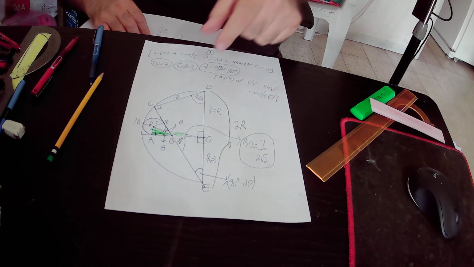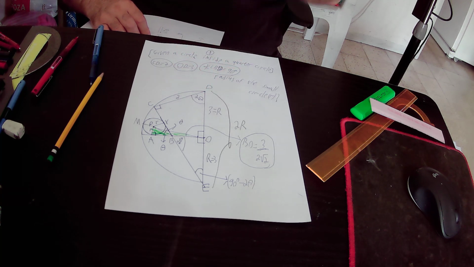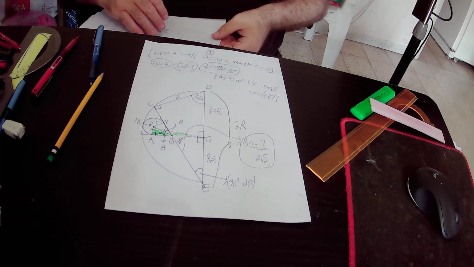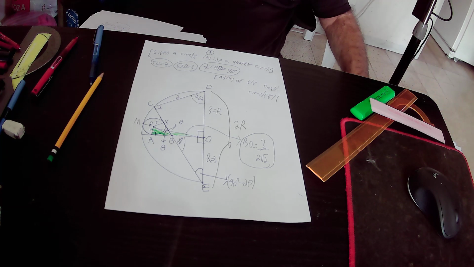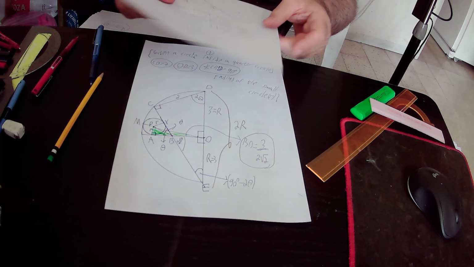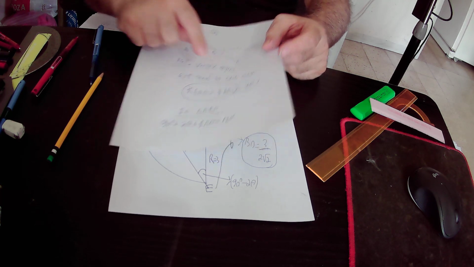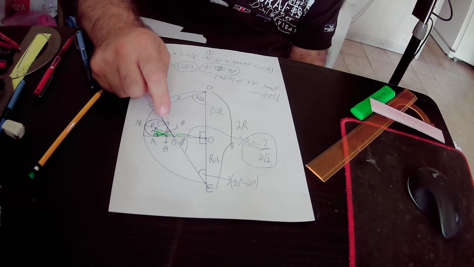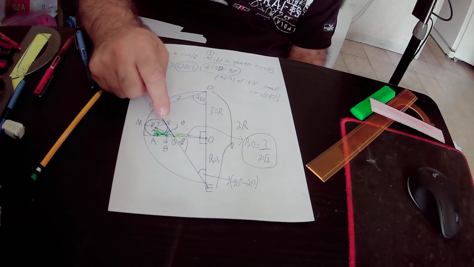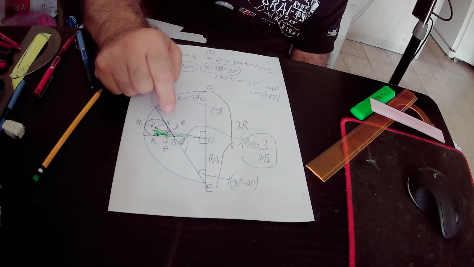So angle EBO equals angle ABC, which equals 2 theta, because angle ABC equals theta plus theta, that is to say, it equals 2 theta.